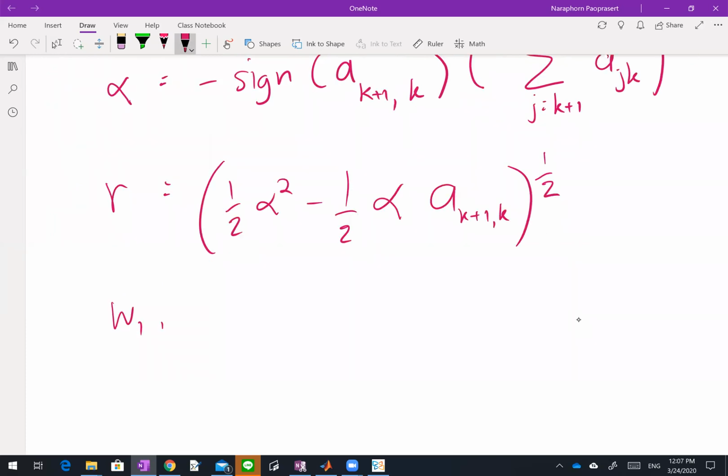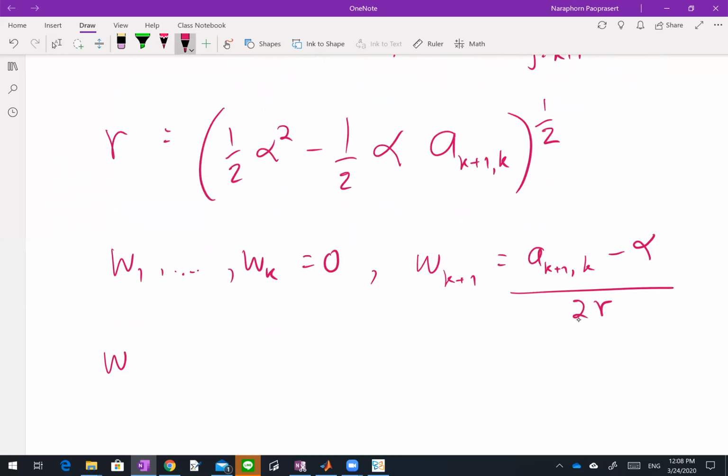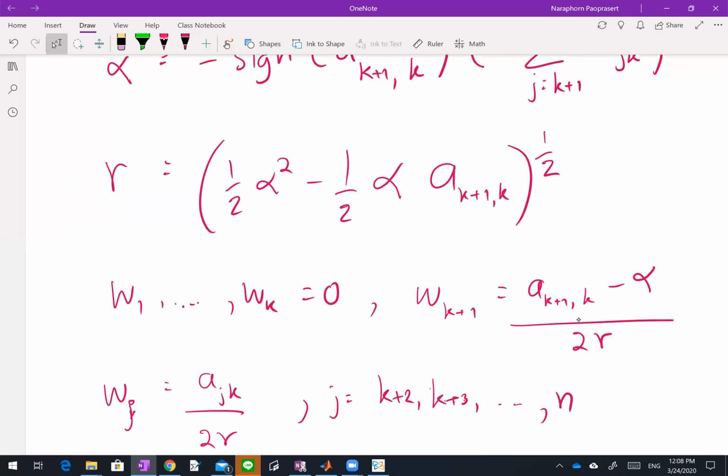W1 up until Wk are all 0, but then starting from k+1, this is going to be a(k+1,k) minus alpha divided by 2r, and Wj equal to a(j,k) divided by 2r, j starting from k+2, k+3 up until n. So these are the formulas that you use.